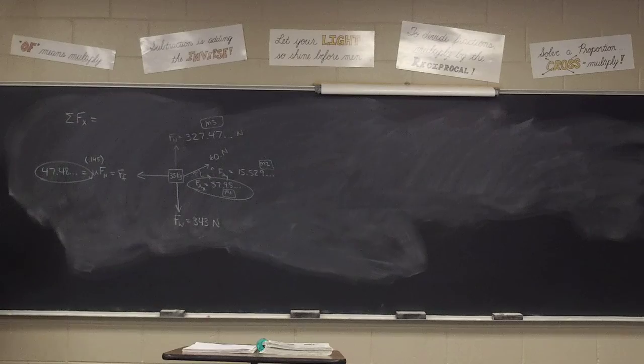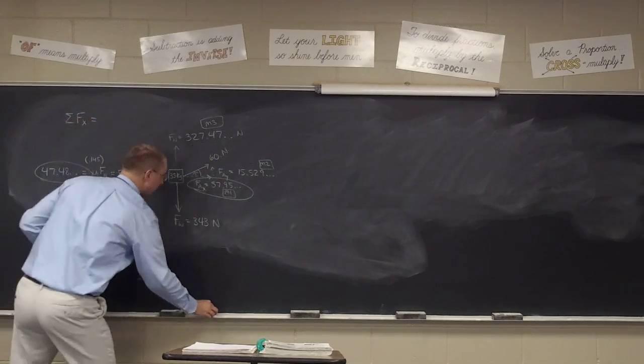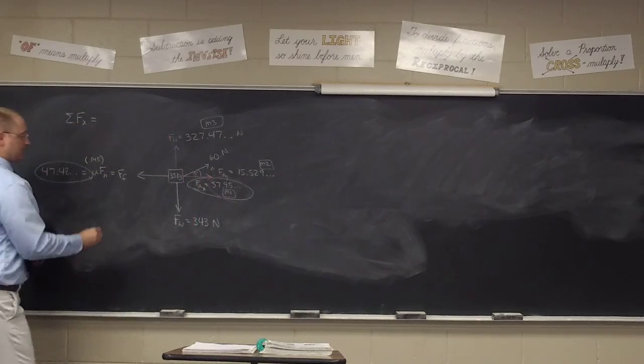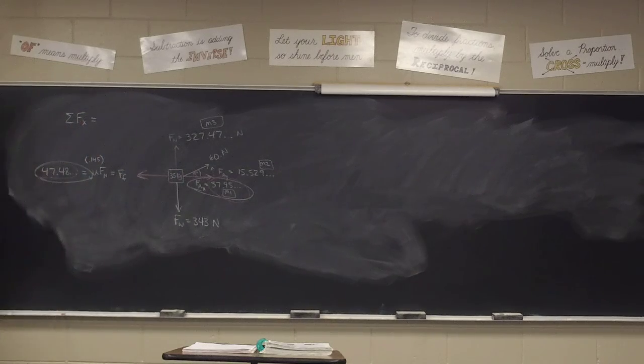Ooh, careful. The 60 newtons isn't in the x. This one here is in the x. This one here is in the x. These are the two that get subtracted. Not 60 minus 47.48, but 57.95 minus 47.48.